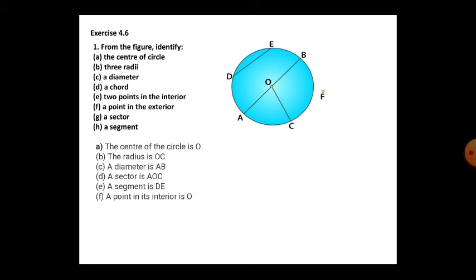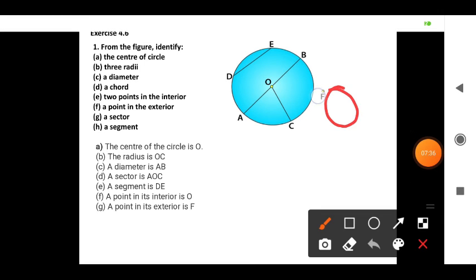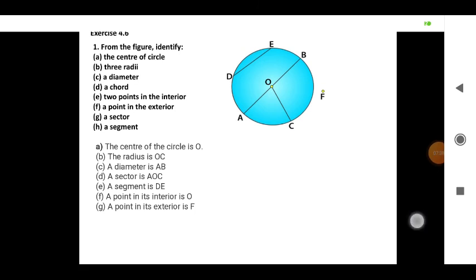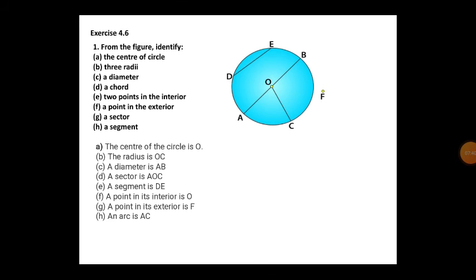A point in its interior is O. A point in its exterior is F. F is in the exterior. An arc, you know that; AC you call an arc.